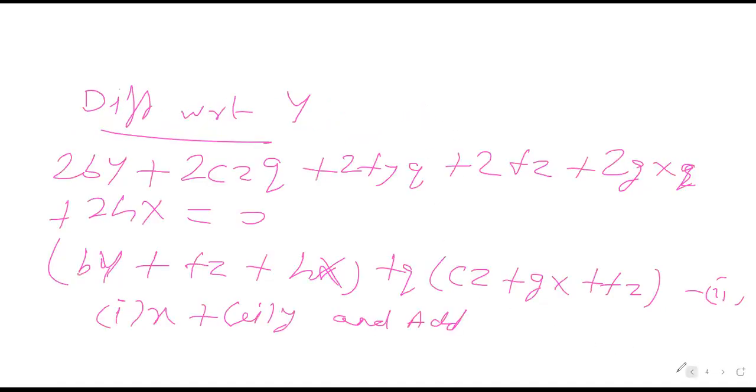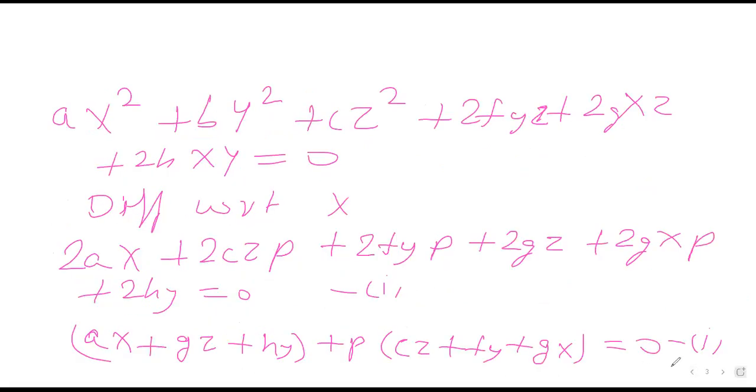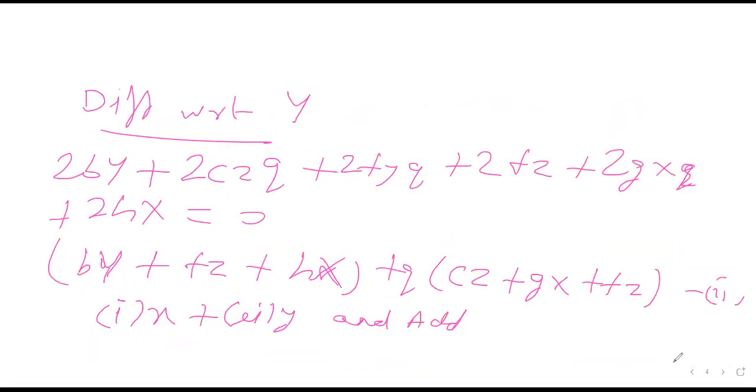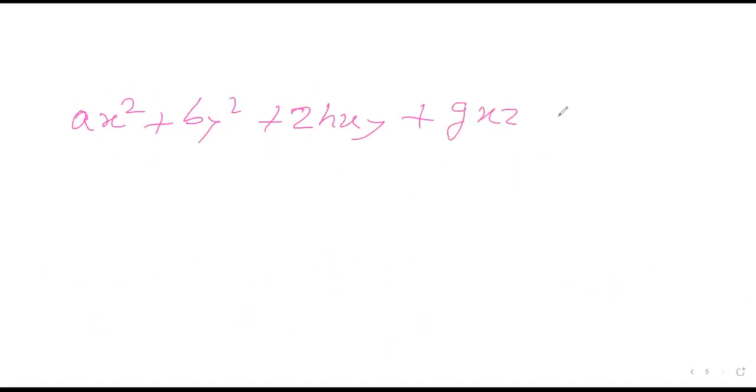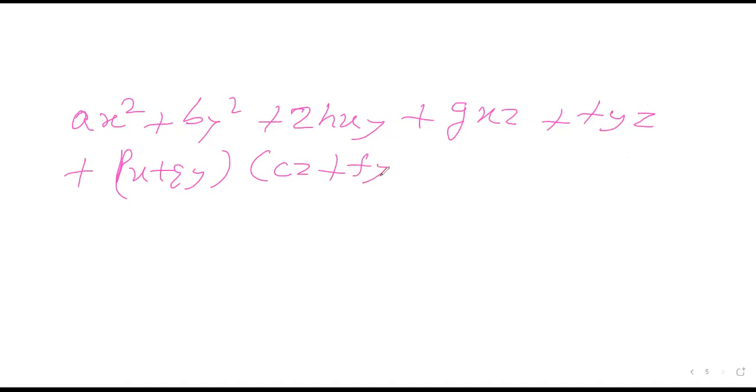So by doing that, you will get ax square plus by square plus 2hxy, plus gxz plus fyz, plus (px plus qy) times (cz plus fy plus gx) is equal to 0.